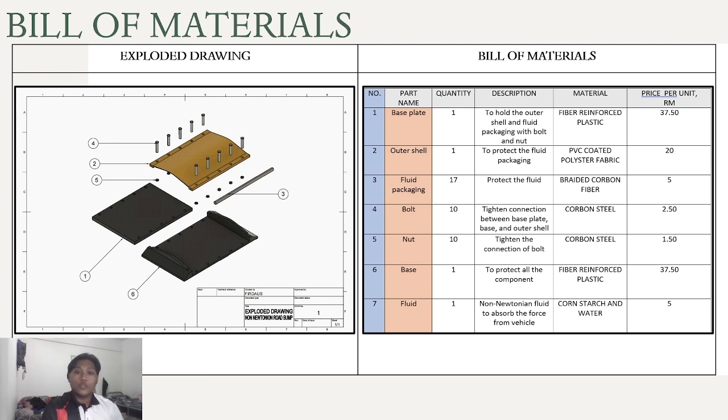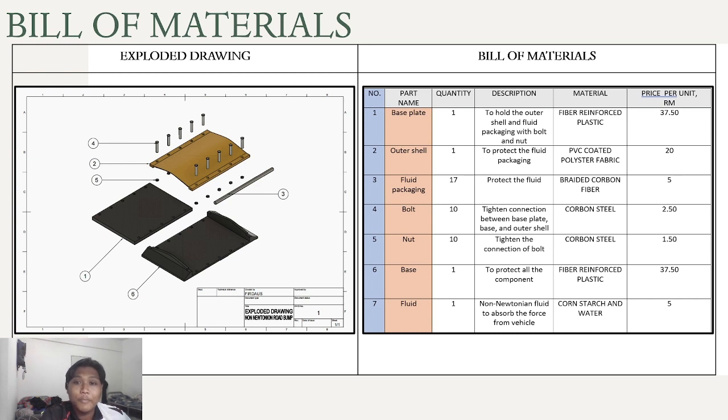For the base plate, the function is to hold the outer shell and fluid packaging with bolt and nut. The material of this base plate is fiber reinforced plastic. The second part, the outer shell, protects the fluid packaging by using PVC coated polyester fabric.